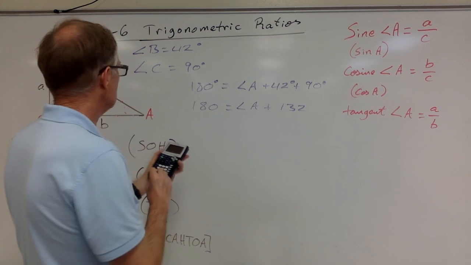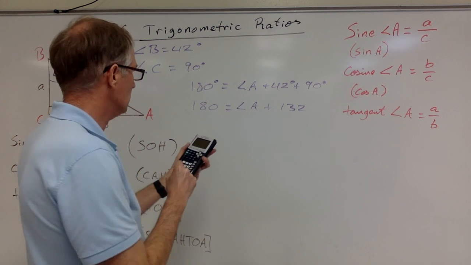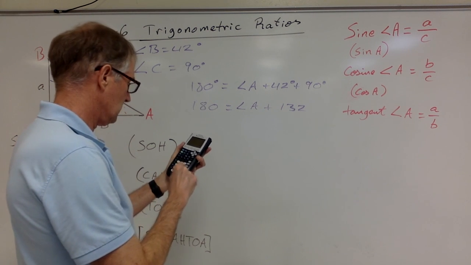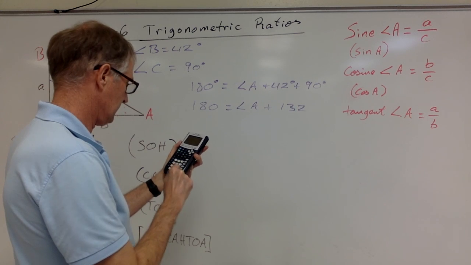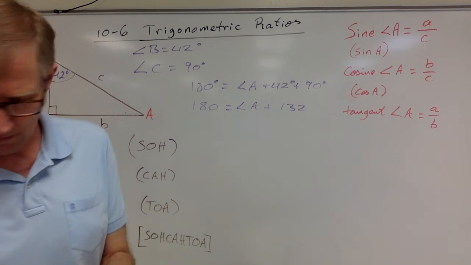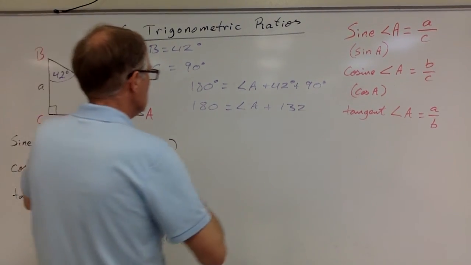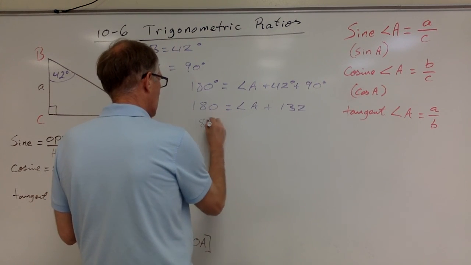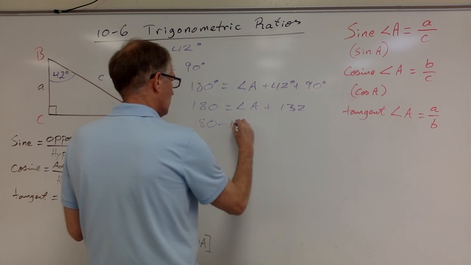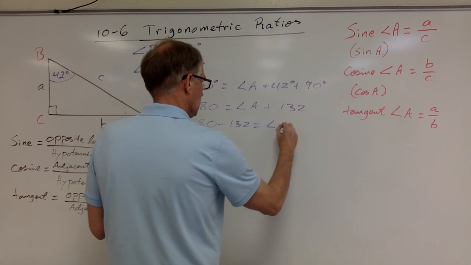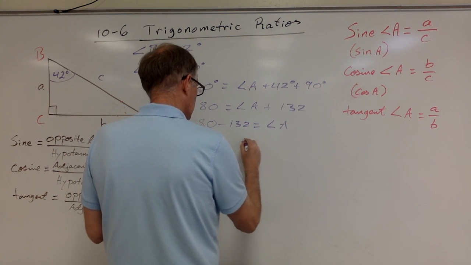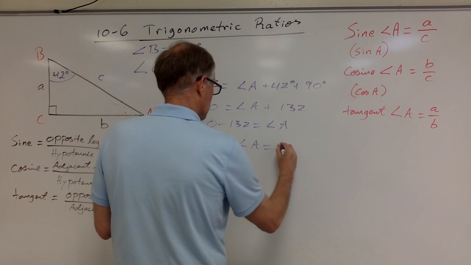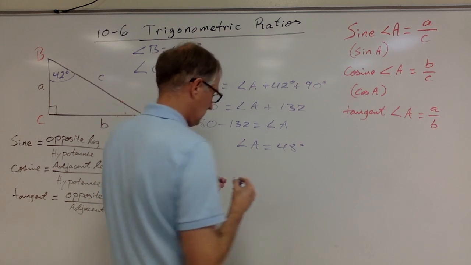So, no, 38. Yeah. It's been a long day. 48, I was right. Okay. So I subtract that. So 180 minus 132 equals angle A. I'm going to just flip those around. So angle A must be equal to 48 degrees.